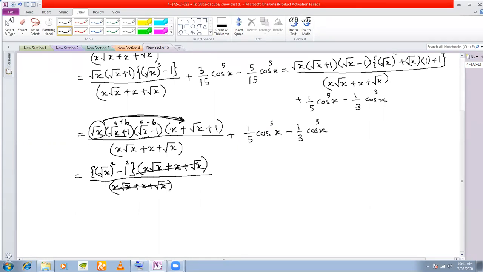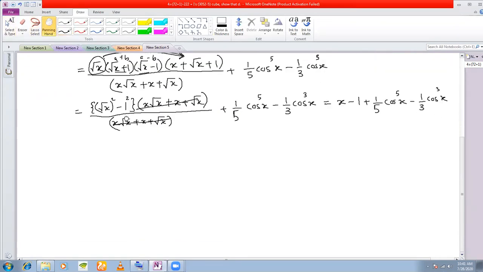This and this cancel, and these two remain as it is, 1 by 5 cos to the power of 5x minus 1/3 cos cube x. So this is x minus 1 plus 1/5 cos to the power of 5x minus 1/3 cos cube x. Okay, so this is what we have got for y.